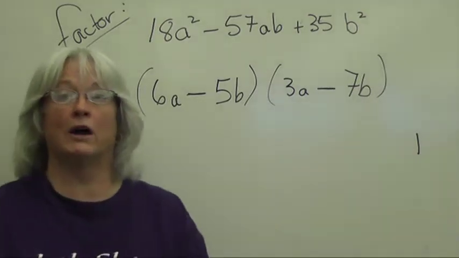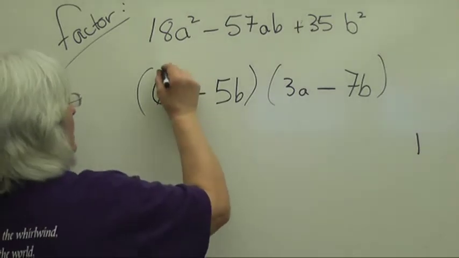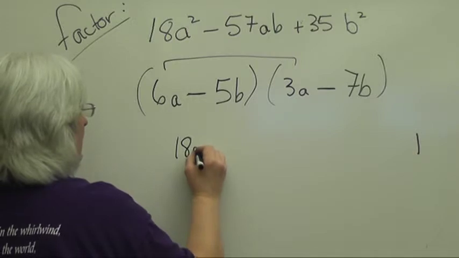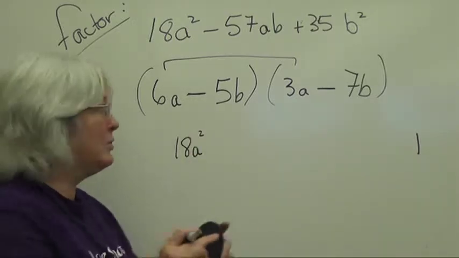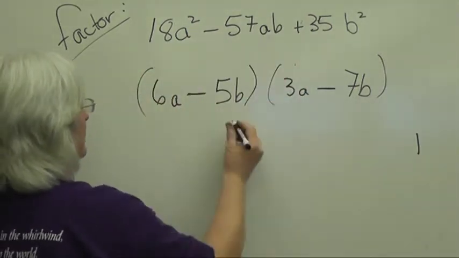Now let's look at this and see if we have arrived at our proper pair of factors at the beginning. First terms, 6a times 3a had better be 18a squared, which it is. And I'm going to stop right now, not FOIL. We're just going to do our outer and inner products.